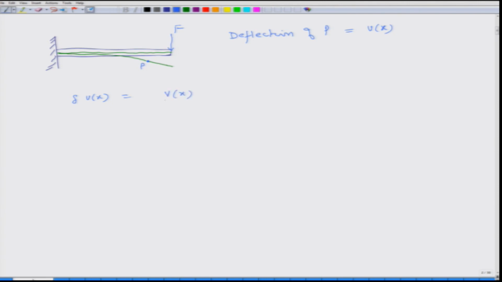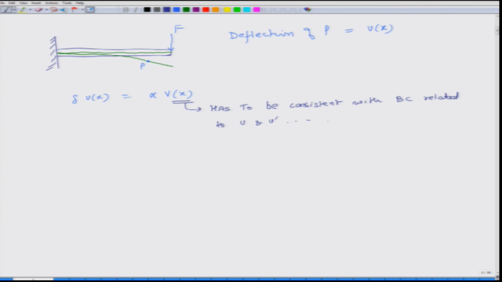It could be any function v of x multiplied by a parameter alpha, but this v has to be consistent with BCs related to u and u prime and so on and so forth. So, now we have to see what kind of functions we can choose.